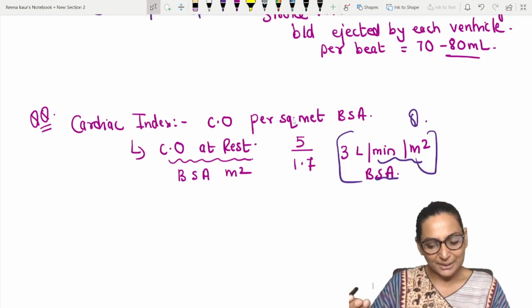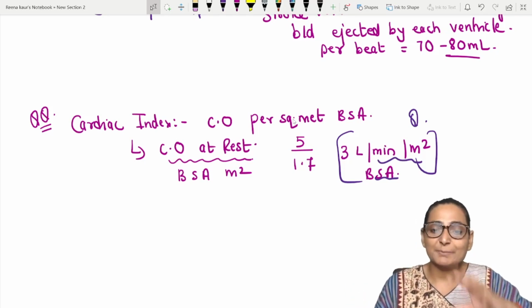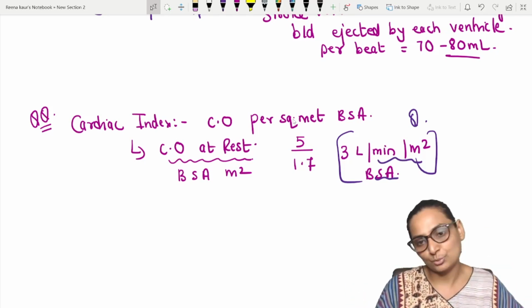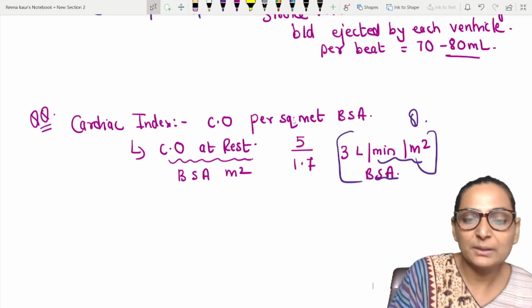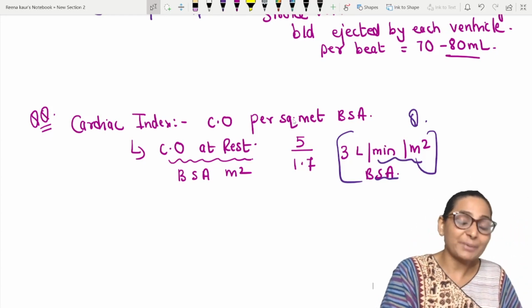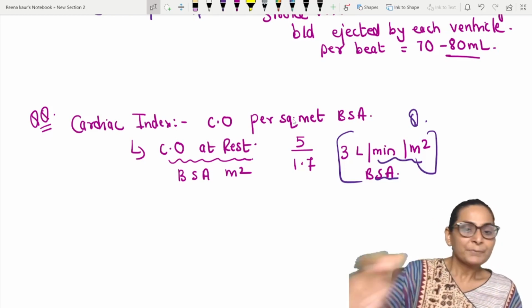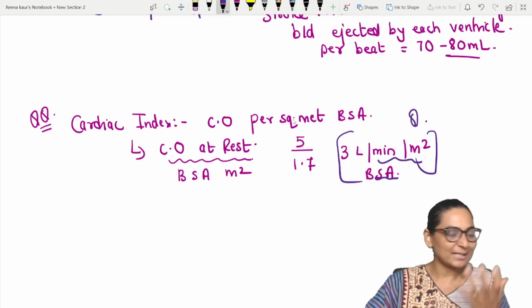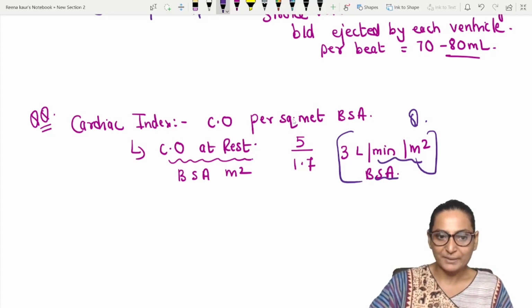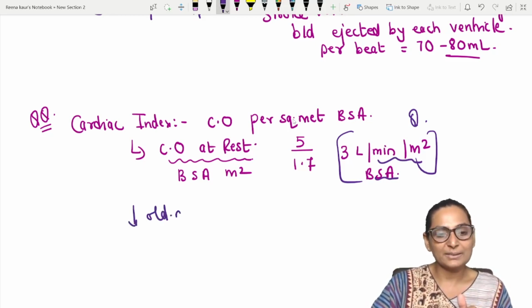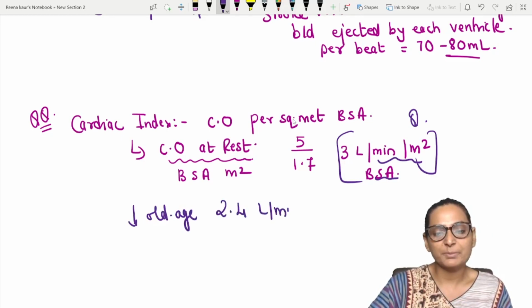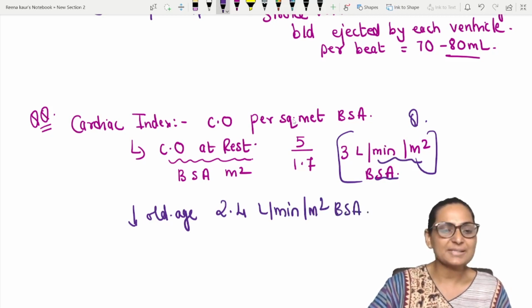With the same age and same sex, the body size varies, so you can rule out this component when you take the cardiac index. So it is preferred. With age there is a decrease in muscle mass also, right? So this cardiac index will decrease with old age, and in old age the value will be around 2.4 liters per minute per meter square body surface area.